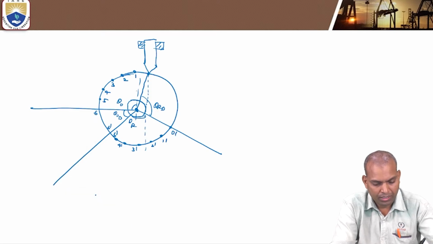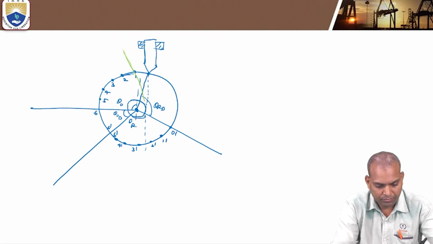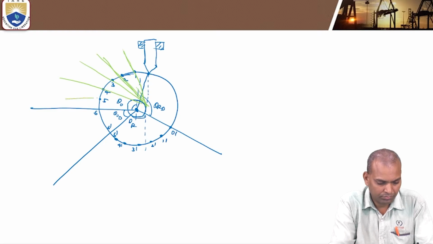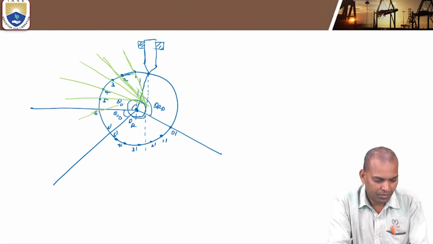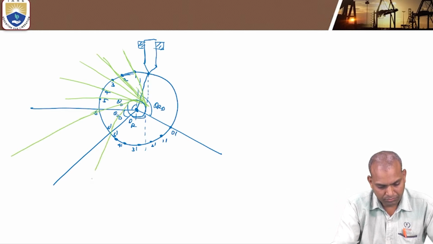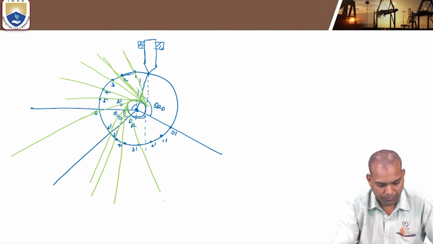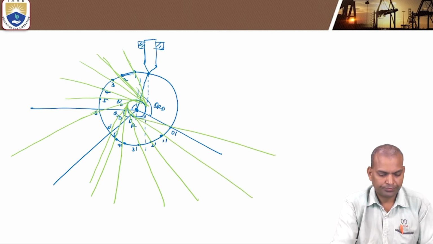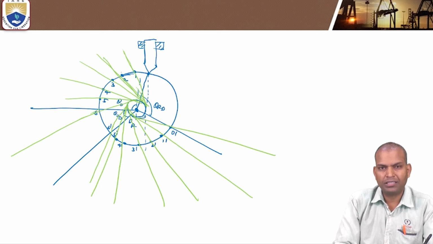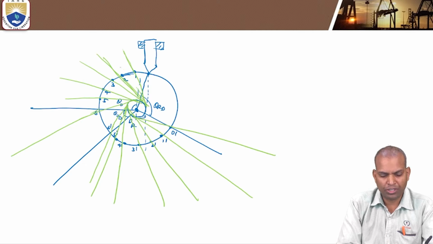Okay, now passing through this, similarly it should pass through the next one, like that, the return stroke also. So these are the lines. On these lines you have to mark the tracing points of the follower for a particular rotation.